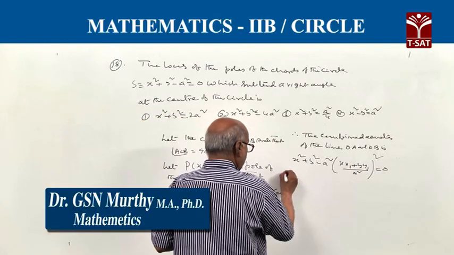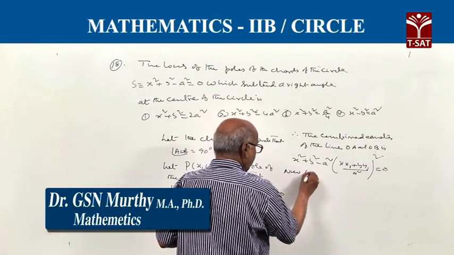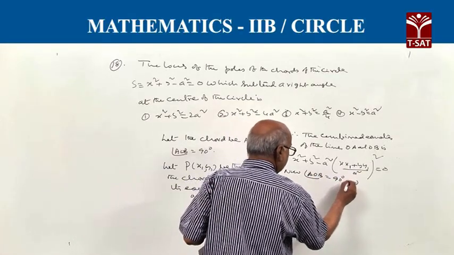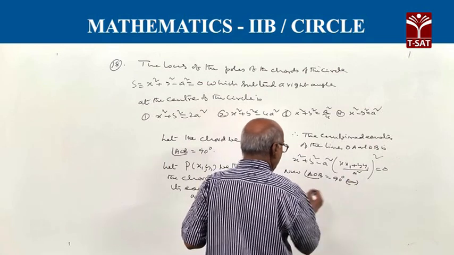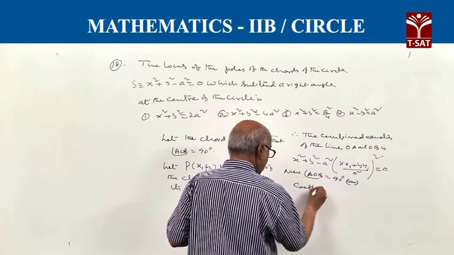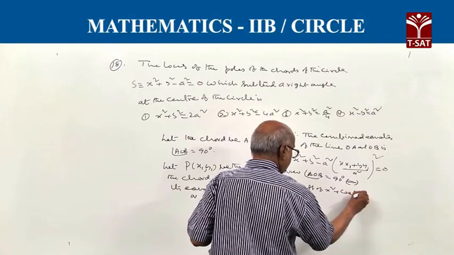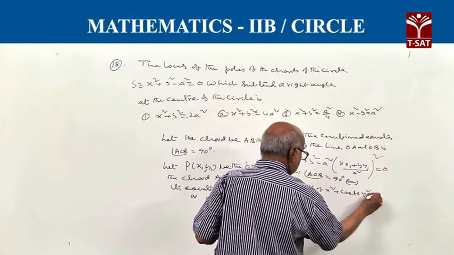So now angle AOB is equal to 90 degrees if and only if the coefficient of x² plus the coefficient of y² is equal to 0.